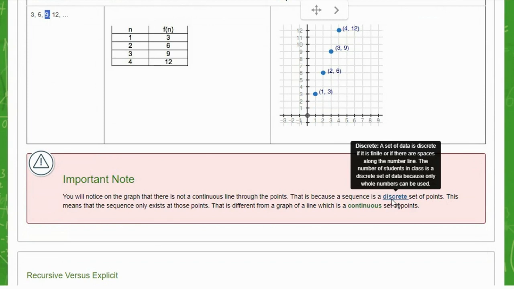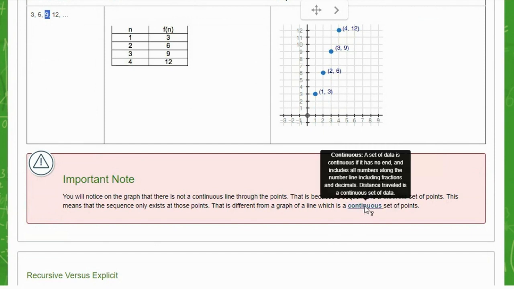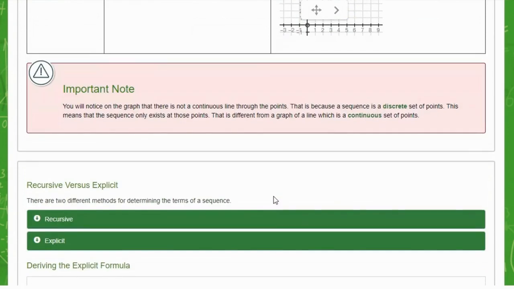That means there's spaces in the graph. It's not a continuous line. If you go into college, there's a whole class called discrete math. When we connect it all, it's a continuous graph because we connect all the spots. So a line.